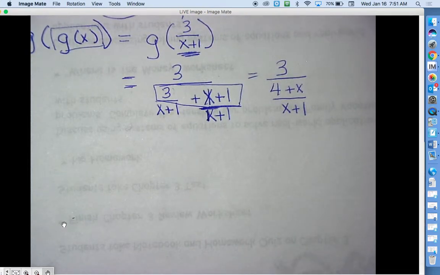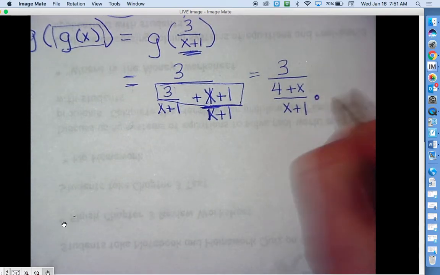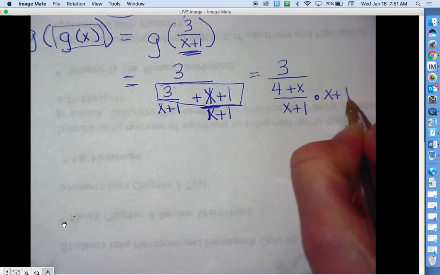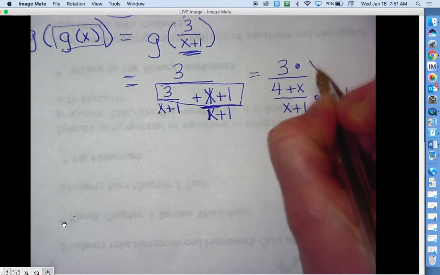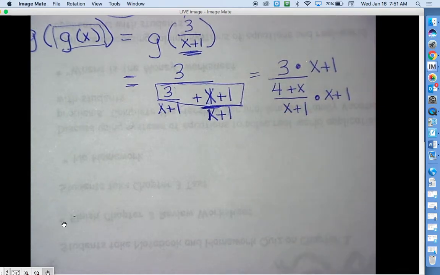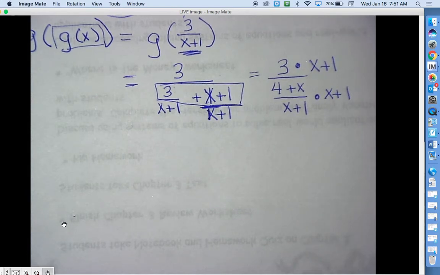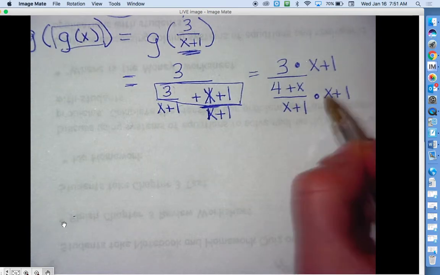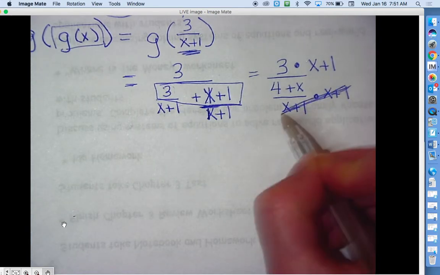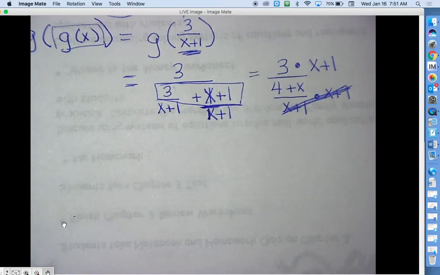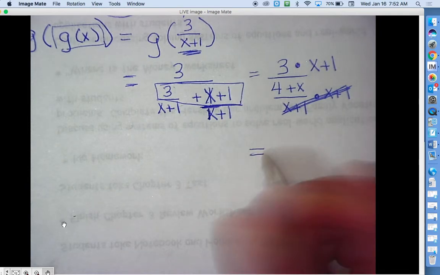That's okay. Whatever's down there, we need to multiply by. So multiply by x plus 1, multiply by x plus 1. So whatever is in the very bottom of the fraction, we need to get rid of. It can't stay there. So these cancel, because multiplying is the opposite of dividing, and that gets rid of it.